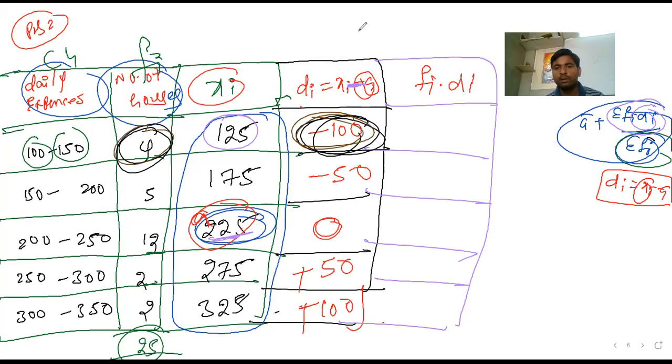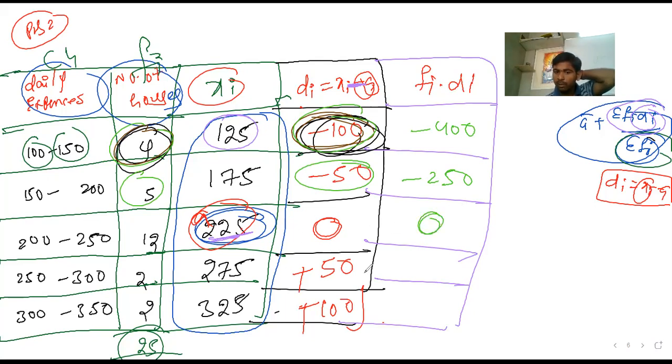Fi into di, to get this easily understood. 100 into minus 4 is minus 400. Next 50 into minus 5, minus 250. 0 into 12, answer is 0. Next 50 into 2, 100. Next 100 into 2, 200. This is fi into di.